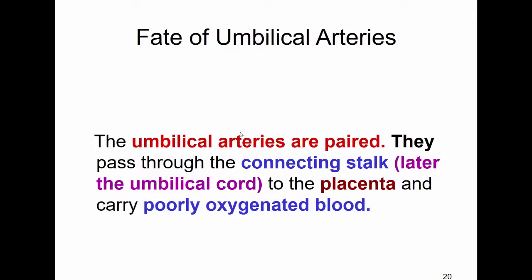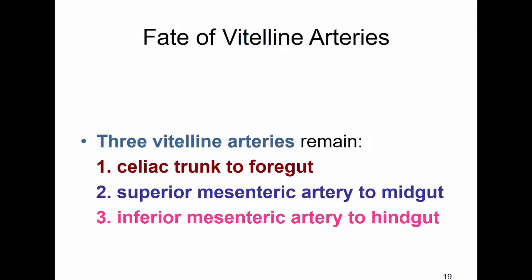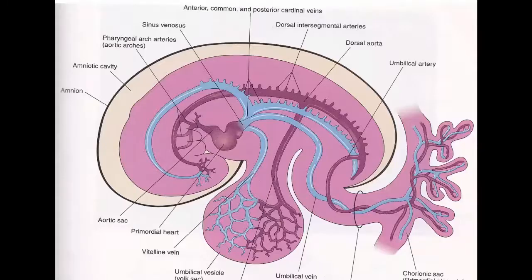They pass through the connecting stalk. So what about the connecting stalk? This is the connecting stalk, where there is extra embryonic mesoderm. The connecting stalk contains extra embryonic mesoderm, and it will later become the umbilical cord. And as this is extra embryonic mesoderm, what do we do? We cut it. When the baby is born, we cut it here and clamp.